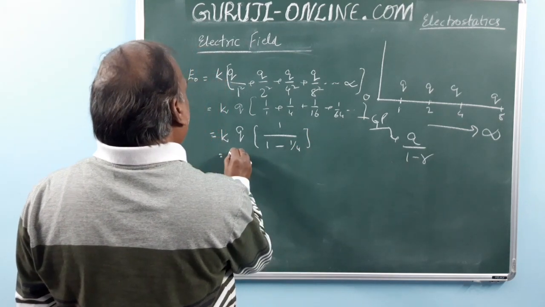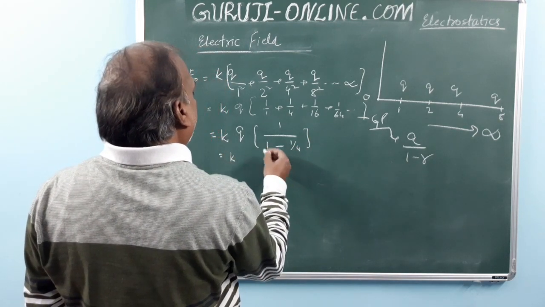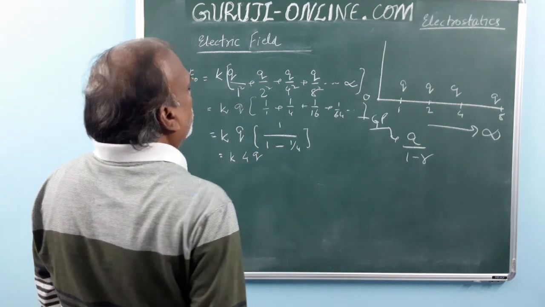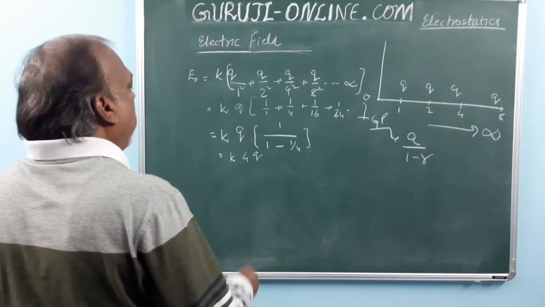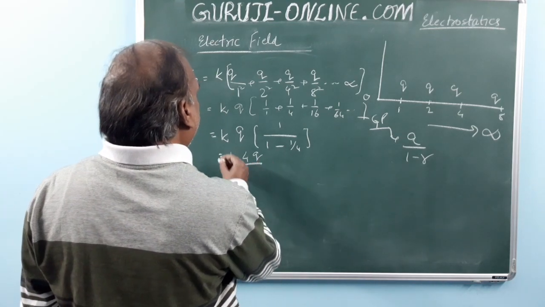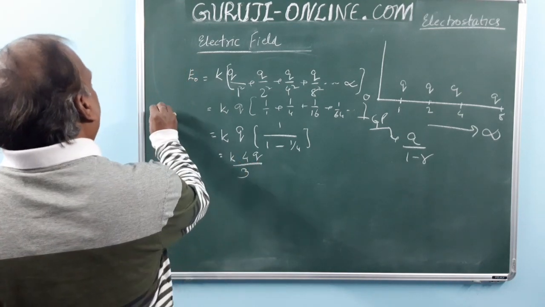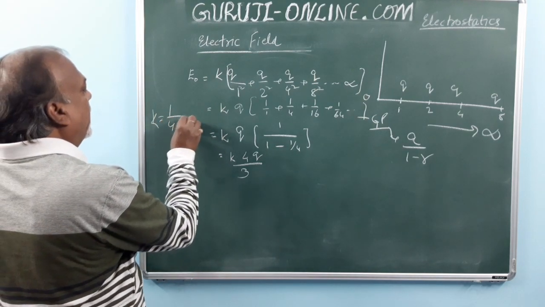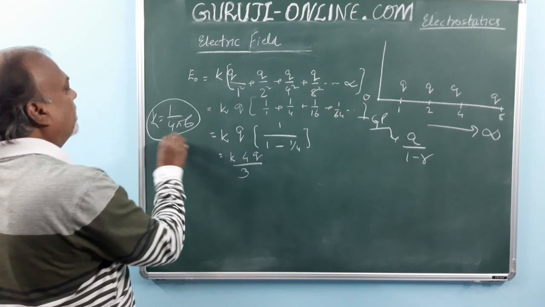So this will be 4Q upon 3, times K. K is nothing but 1 by 4 pi epsilon naught. Please don't forget.